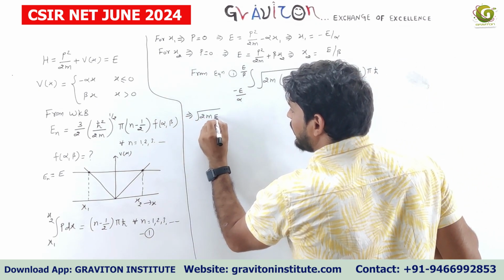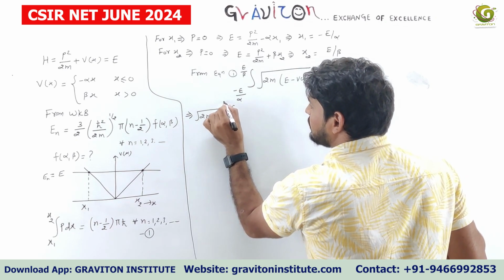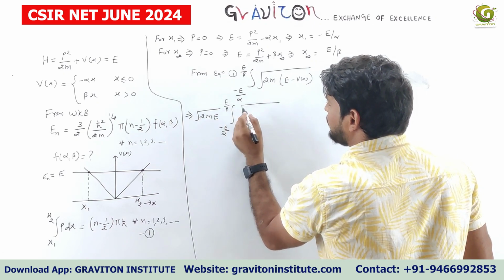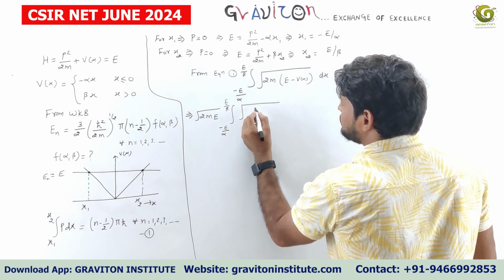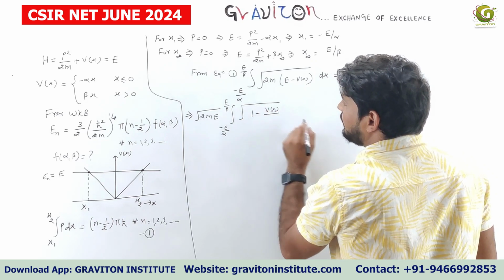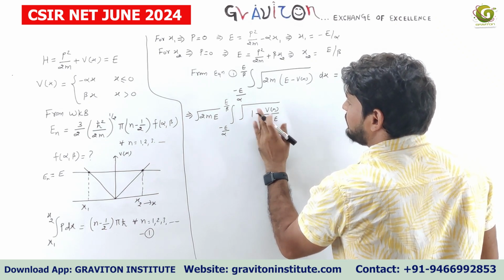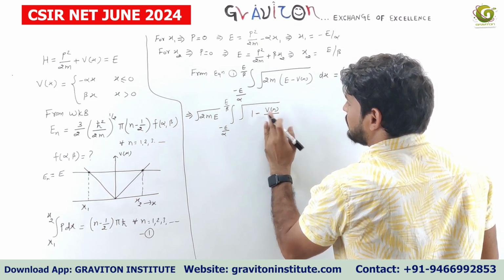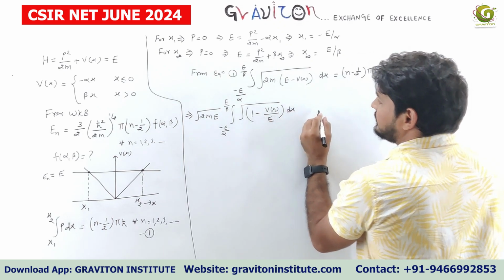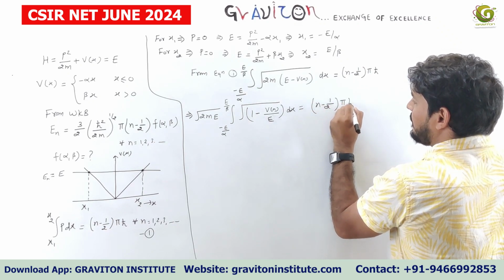The limits are minus E by alpha to E by beta, and the integrand becomes under root of 1 minus V(x) by E, dx, which is equal to (n minus 1/2) pi h-cut.